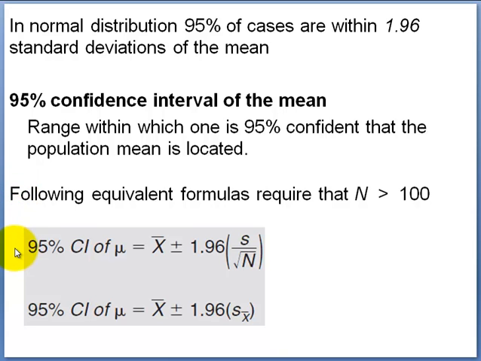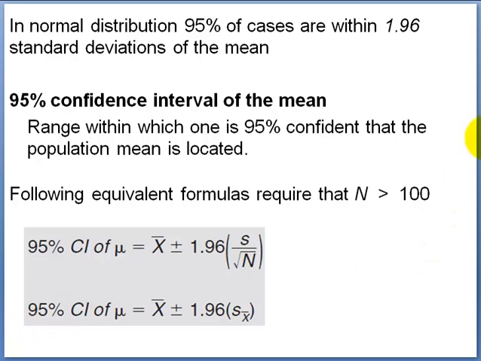In this first formula, what you're doing is taking the study sample mean and adding and subtracting 1.96 times the sample standard deviation divided by the square root of n. And that formula can also be written as below.